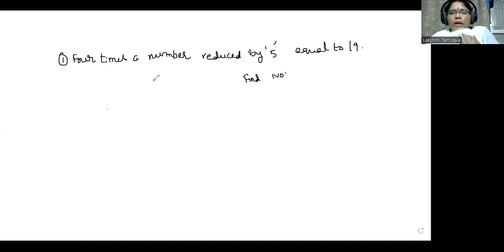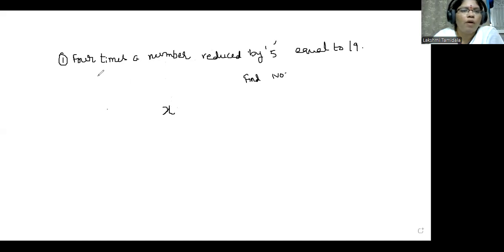Now we have to convert this word problem to an equation. Means we have to construct the equation here. How do we convert? So here 4 times a number. Do we know what the number is? No. So as we don't know the number, we assume it an unknown one, which is variable x.